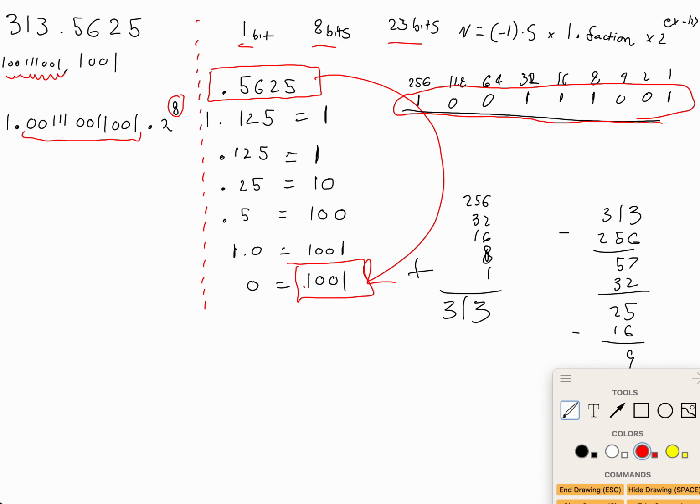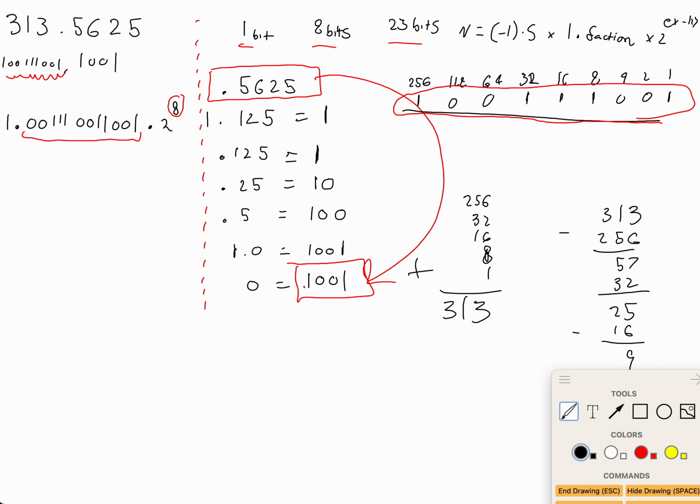So if we're going to take the stored exponent value and subtract 127, we need the result of that operation to be 8. So we're not going to be able to store 8. We're going to be storing whatever number minus 127 gets us 8. Okay? And I can write that as a basic algebraic equation.